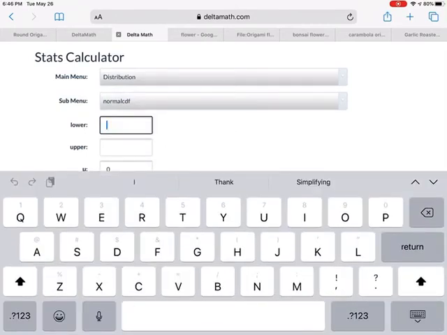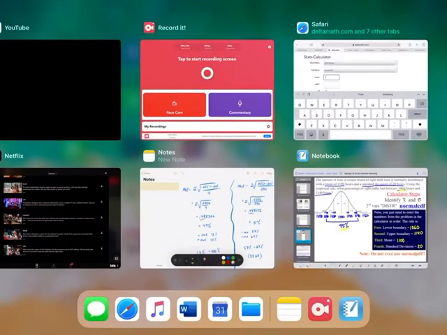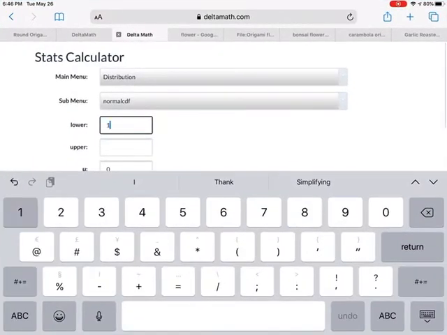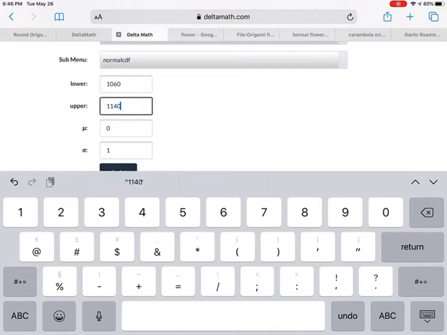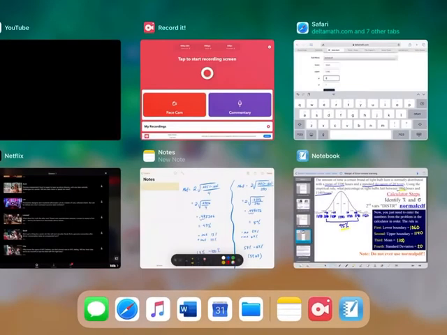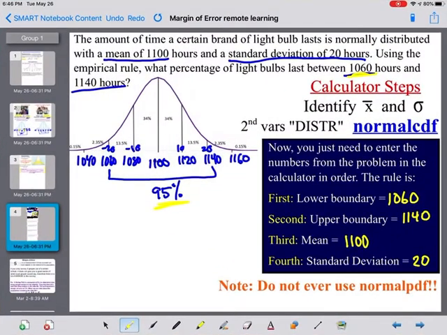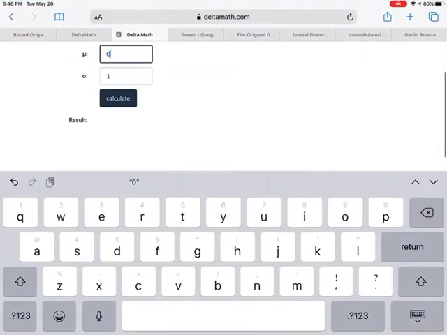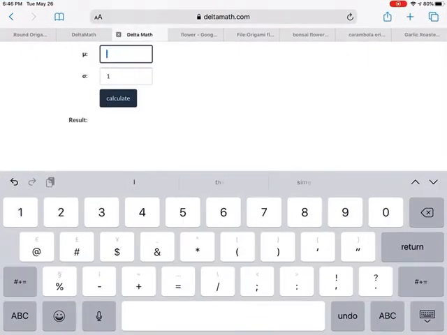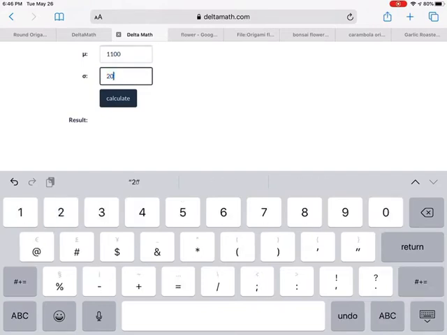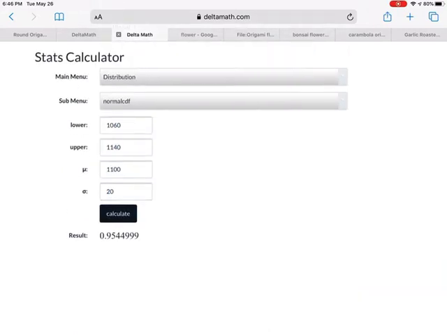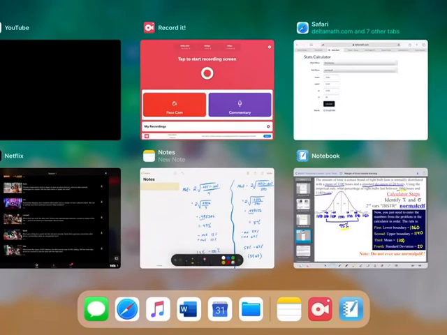The lower bound you would put in was 1060, and the upper was 1140. Oops. And you hit calculate, and there you go, 95%. Okay, and you have to turn the decimal into a percent by moving the decimal place 2 spaces over.